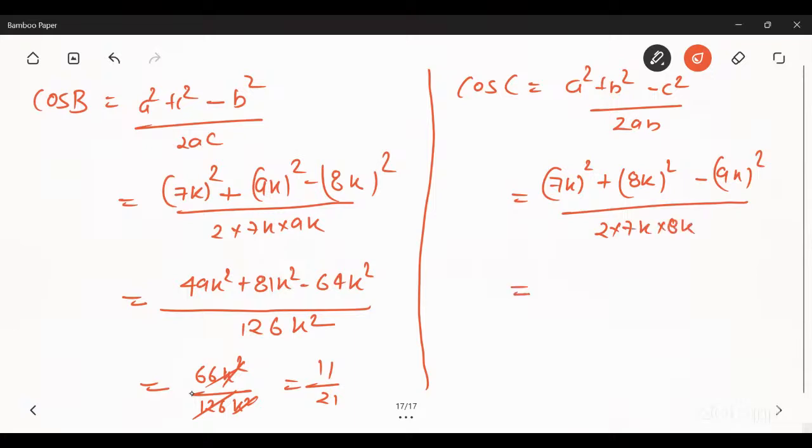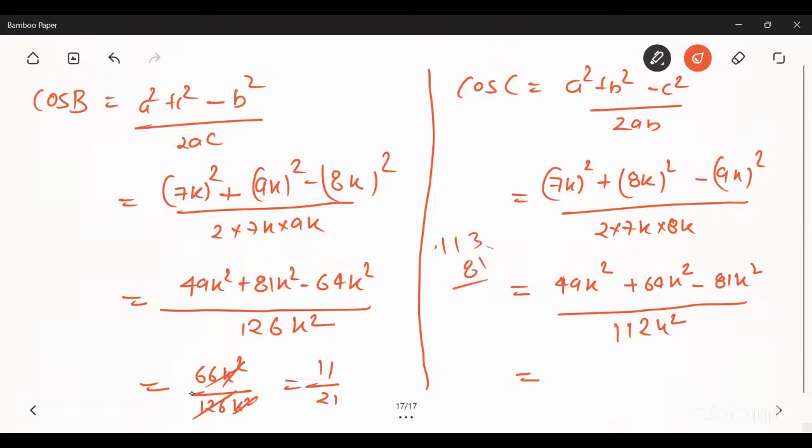That is 49k square plus 64k square minus 81k square upon 112k square. 49 plus 64 is 113, minus 81 gives 32k square upon 112k square.